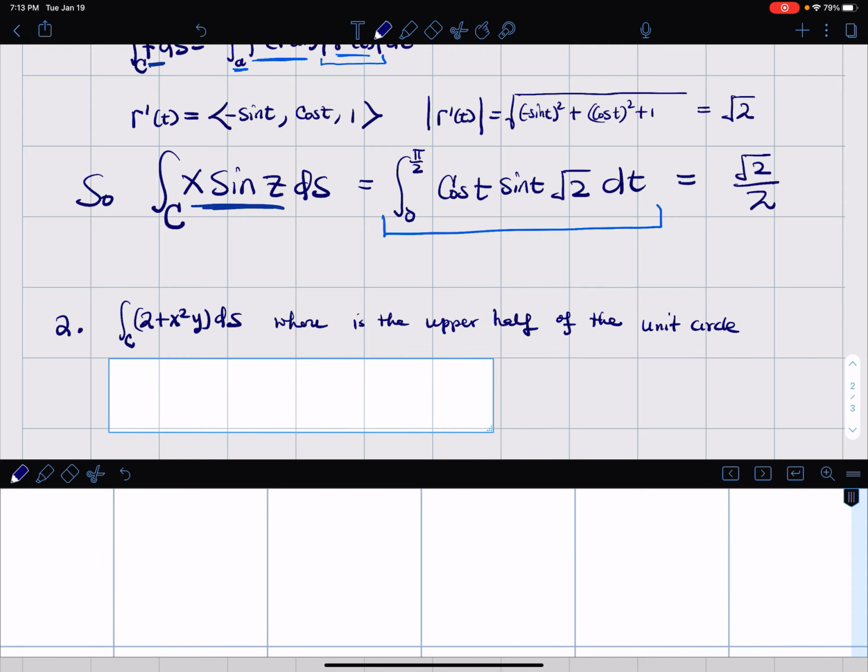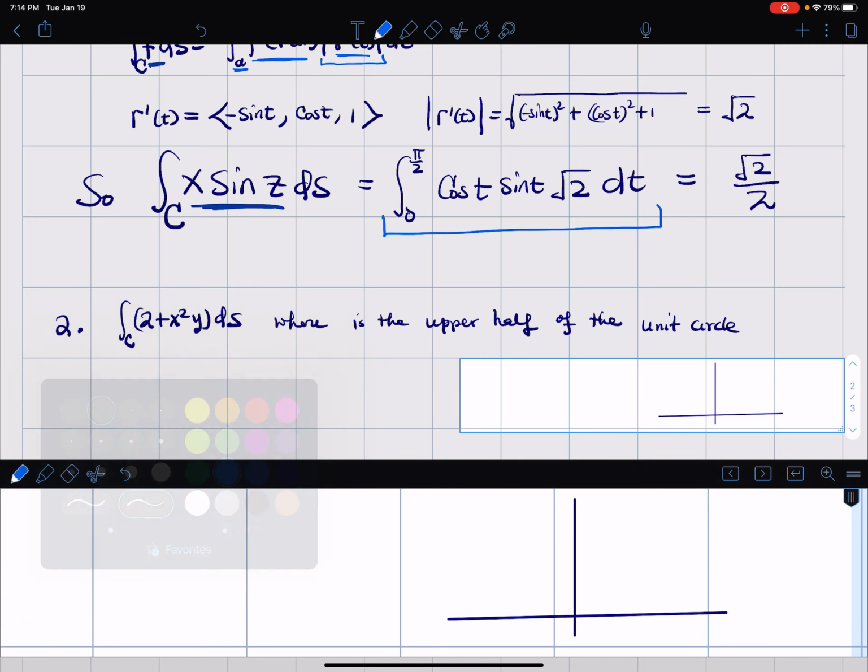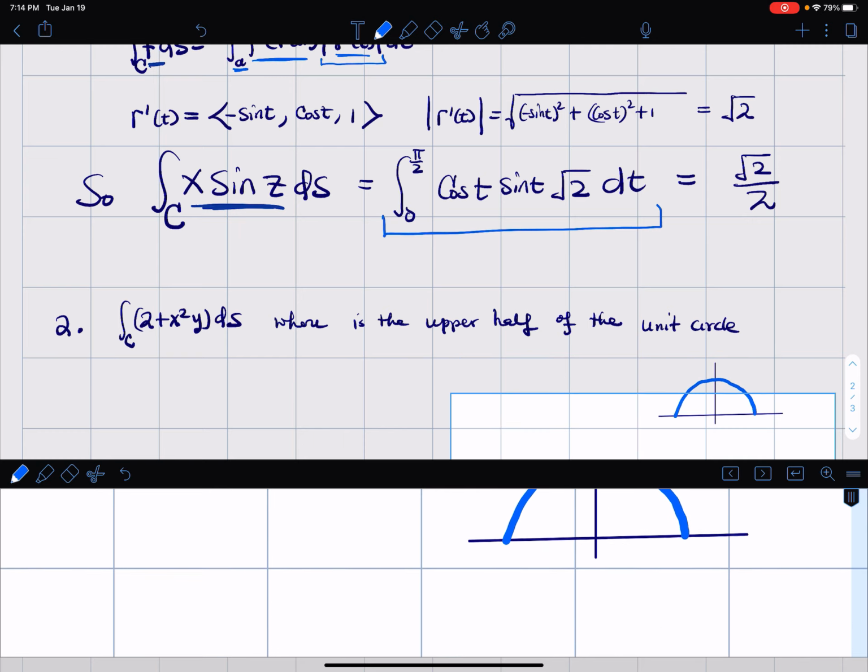So now we're in 2D. We're actually in R2. So this is our C. All right. Our C is the upper half of the unit circle.